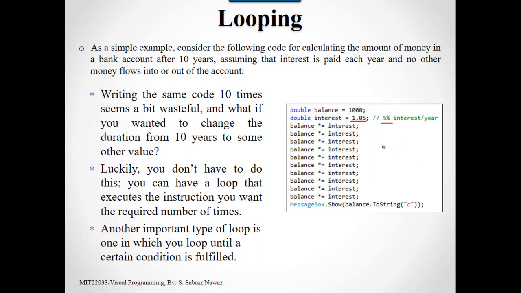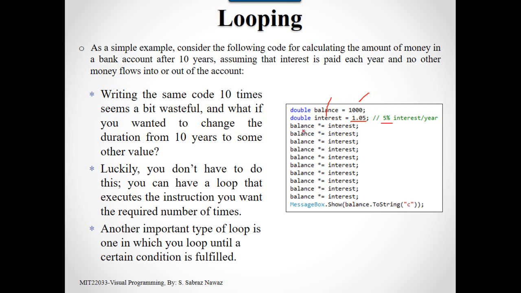So it becomes 1.05, which means the balance amount is considered to be 100% and the interest is 5%, so 100 plus 5 becomes 105. Since we want to convert it to a percentage, we divide it by 100 so that it becomes 1.05.